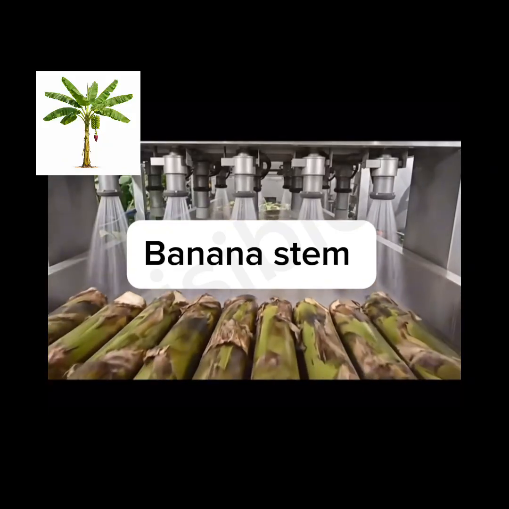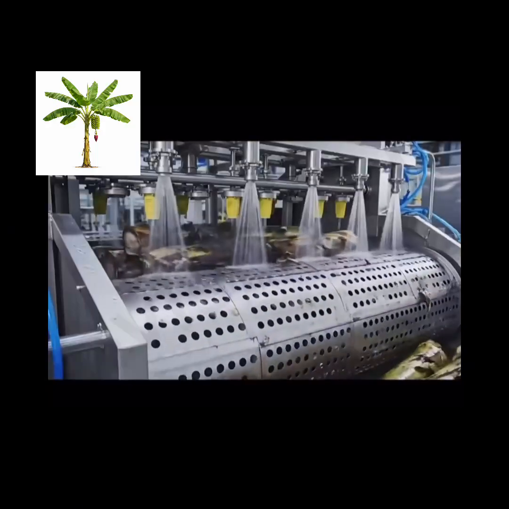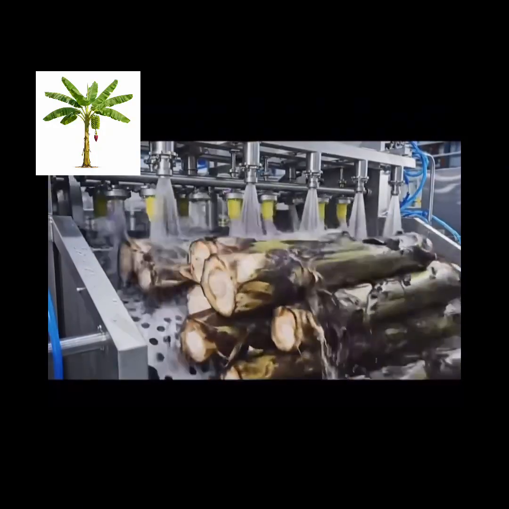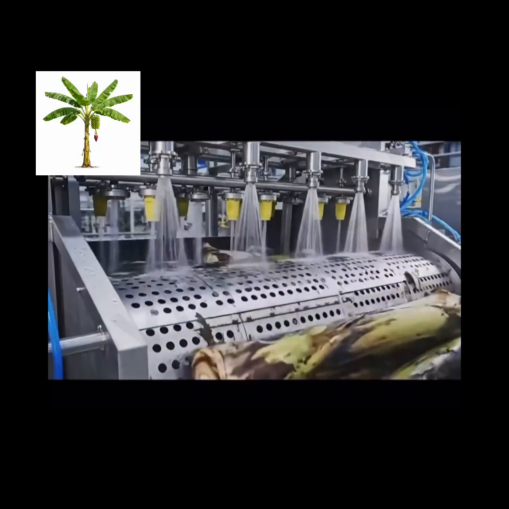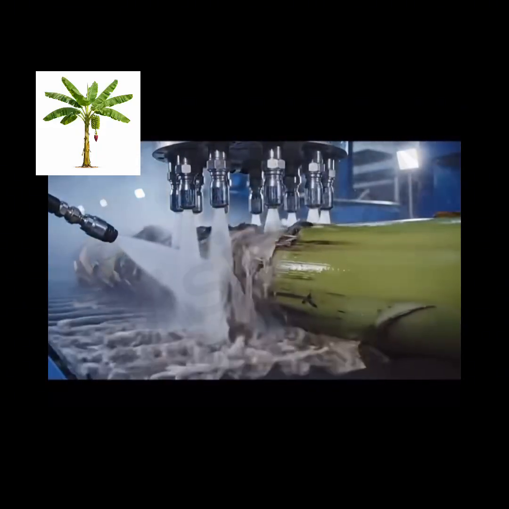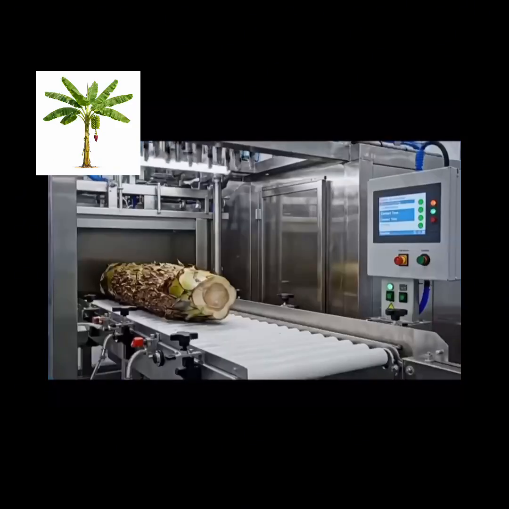Inside the machine are rotating drums, or I'll call them blades. They scrape away the soft plant tissue while leaving the long fibers intact. Water is often used during this stage to reduce friction. It also washes away the residue and prevents fiber damage.